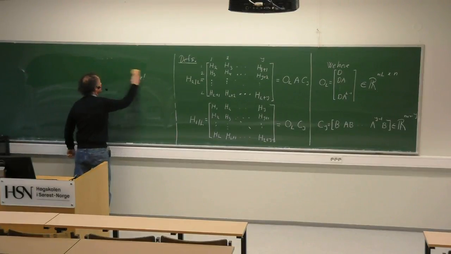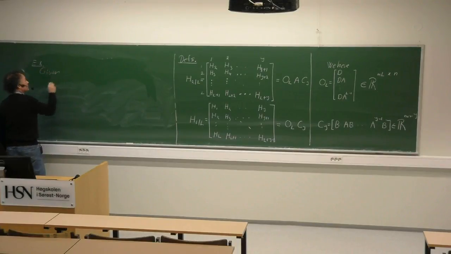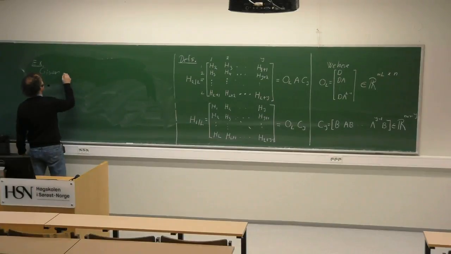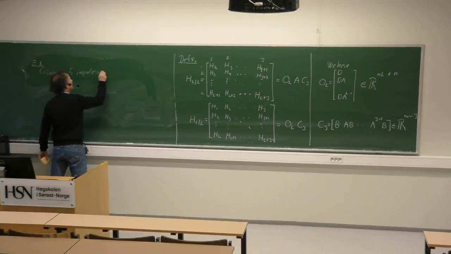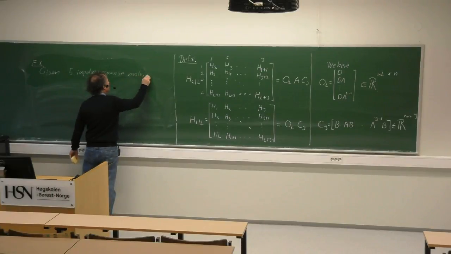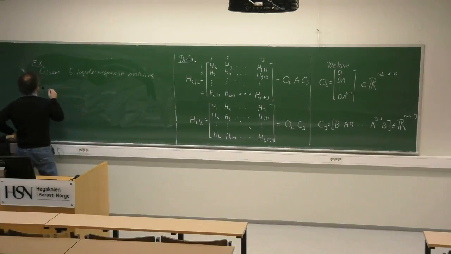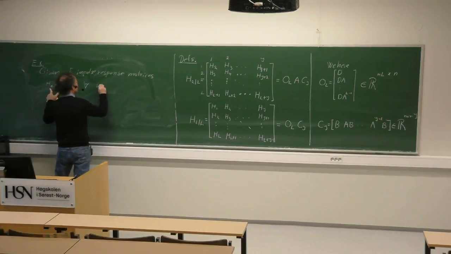Let me take an example. Given some impulse response matrices, say 5, this means that we know H_k equal to D A^(k-1) B for all k from 1, 2, up to 5.